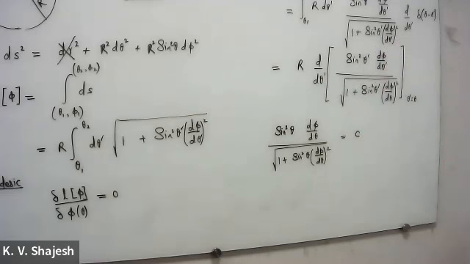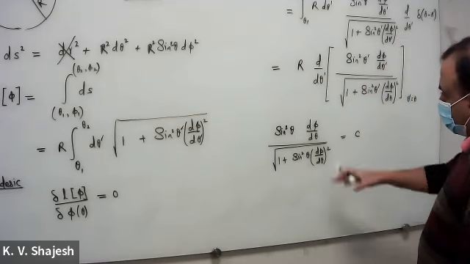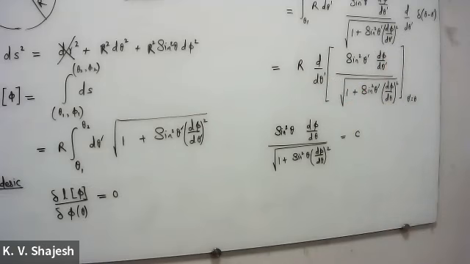And it's a dimensionless constant, right? The R goes away, and there is no dimension in this, so C is dimensionless.